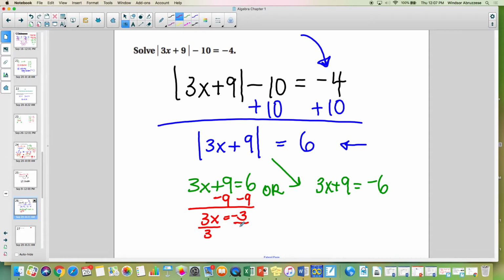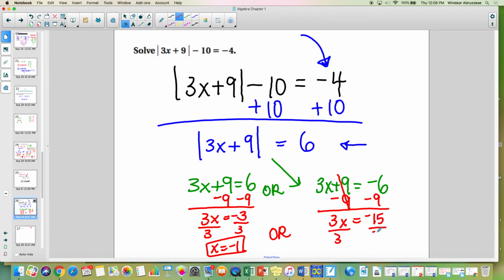Divide by 3, x equals negative 1. Or solve the second equation the same exact way, minus 9 from both sides. I'm left with 3x equals negative 6 minus 9, which is negative 15. Divide by your coefficient, x equals negative 5. Both are solutions to this one equation.